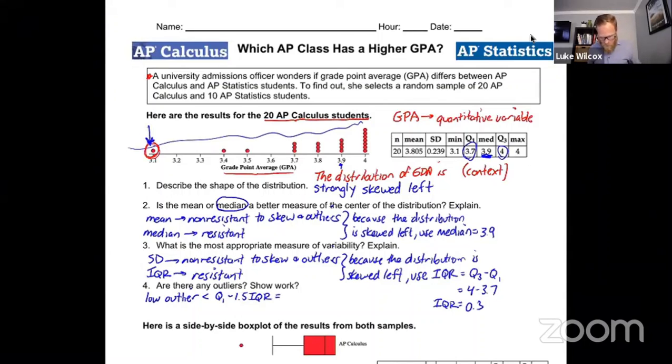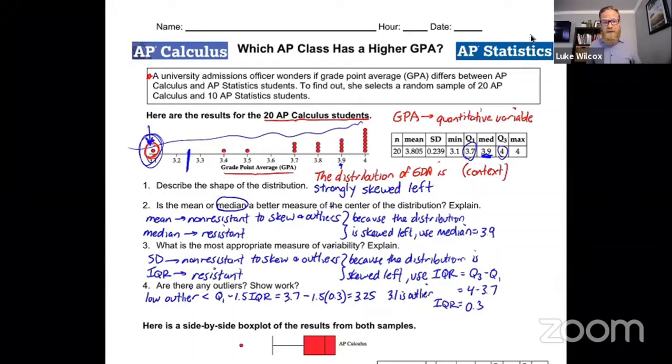Q1, we know from our summary statistics there is 3.7 minus 1.5 times the IQR, which we already figured out is 0.3. And that number is 3.25. Now that 3.25 is giving us the cutoff value, and it's saying that anything lower than 3.25 here would be considered an outlier. So sure enough, that GPA of 3.1 is an outlier. Okay, so I'm going to say 3.1 is an outlier here.